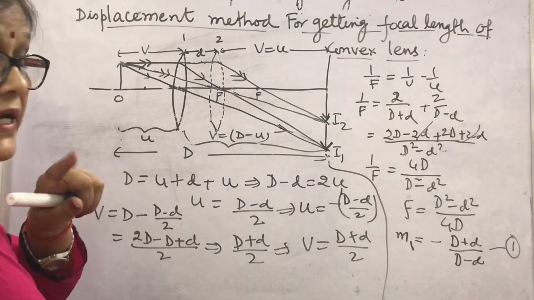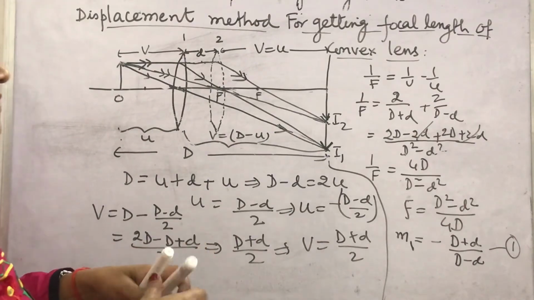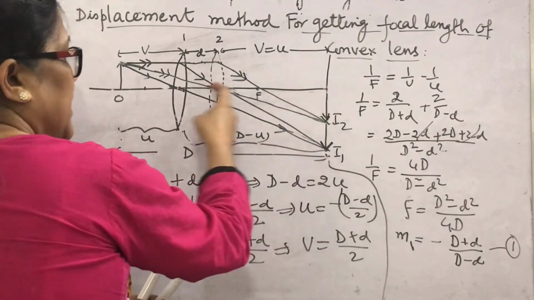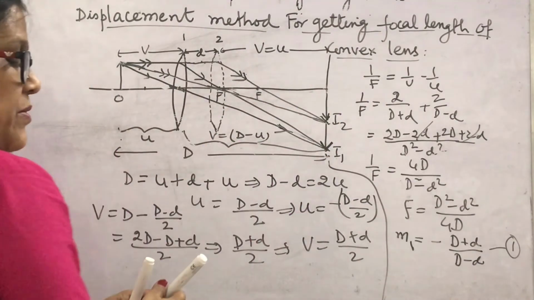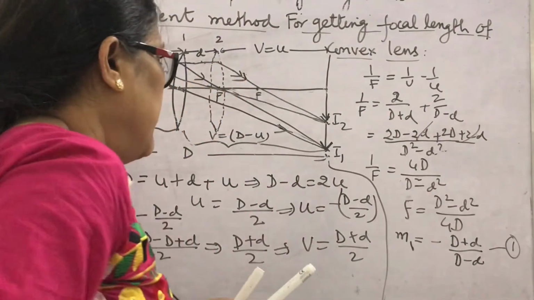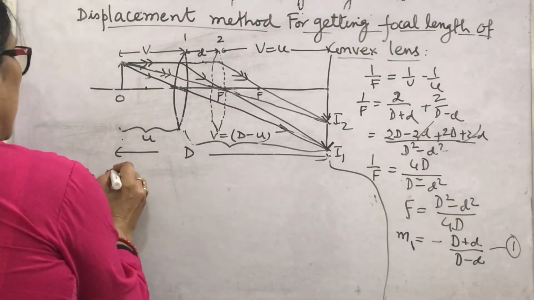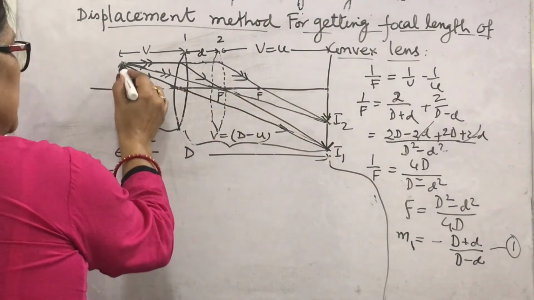What about the second case? If you write the magnification in the second case, then this triangle you will consider. Okay, and for this triangle again you can write m2. So you will write m2 as, look, from this triangle and object triangle.